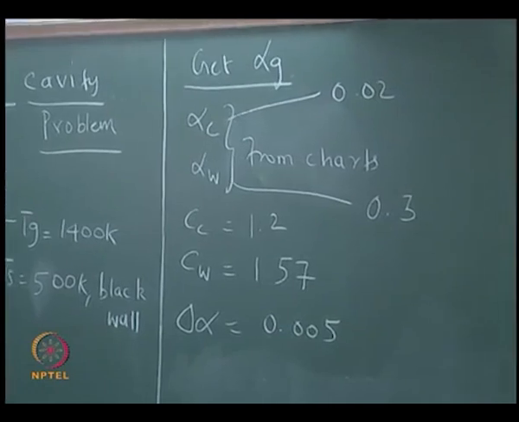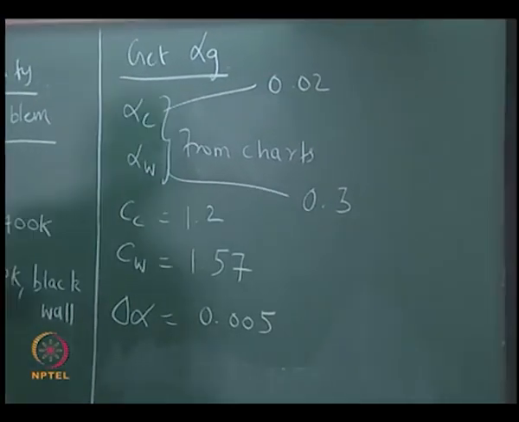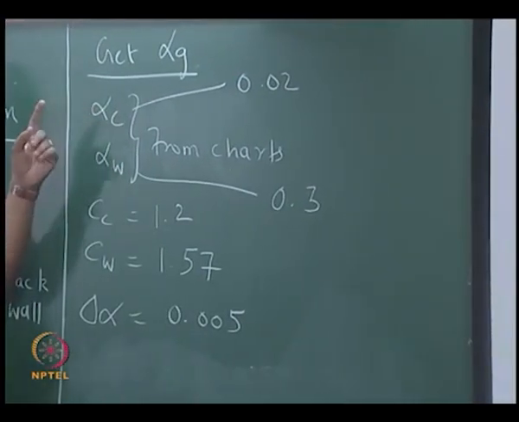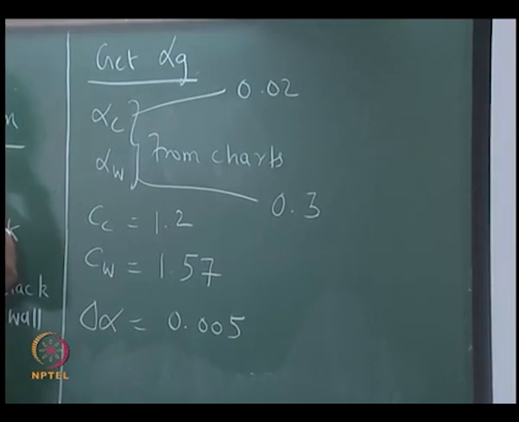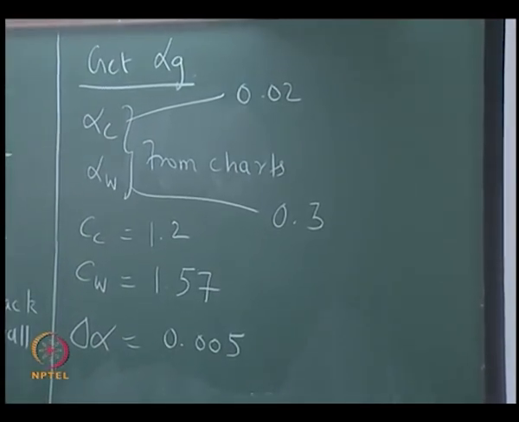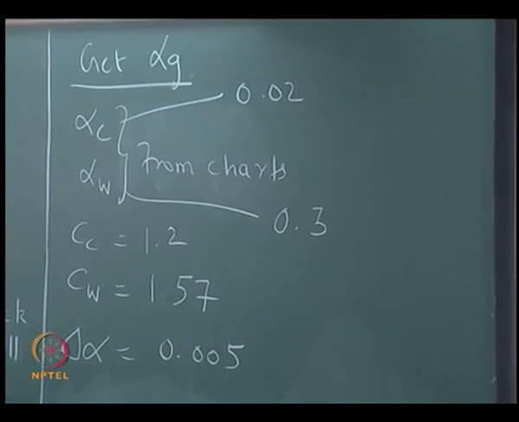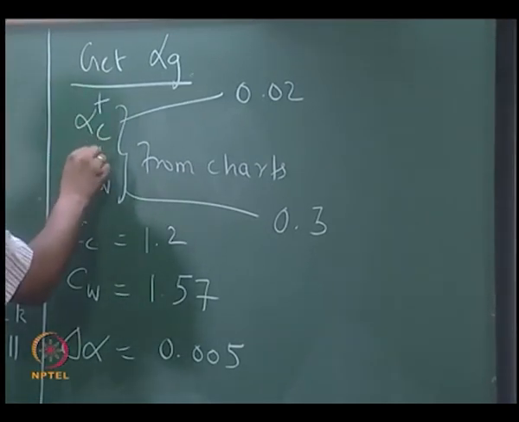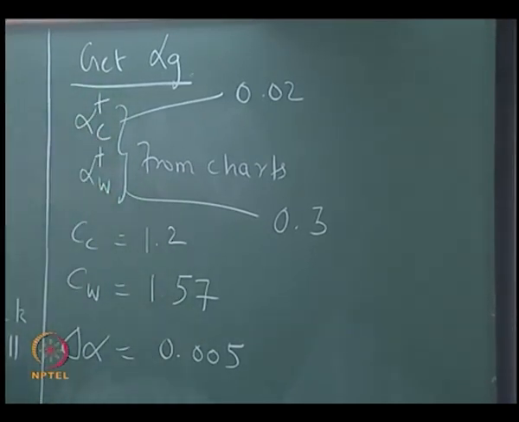There is a notational problem here. I gave you alpha C equal to epsilon CO2 plus into Tg by Ts to the power of, okay. This is actually epsilon of CO2 and this thing got the corrected temperature, that is all.